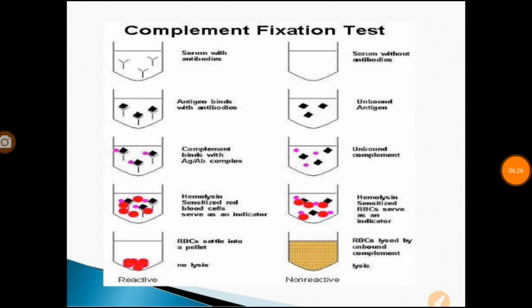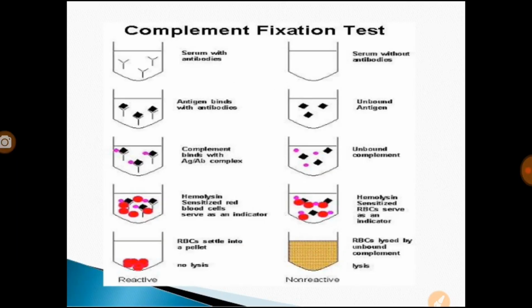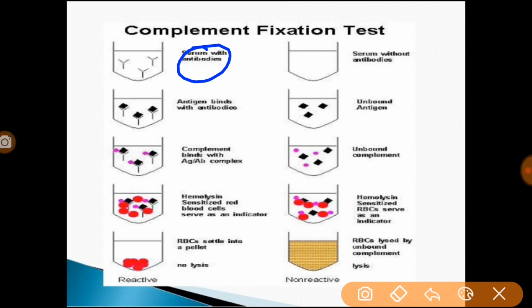If you see the image, there is serum with antibody or serum without antibody. The antigen binds here, the black dot, the antibody binds with the antigen, and complement then binds, here in pink color.